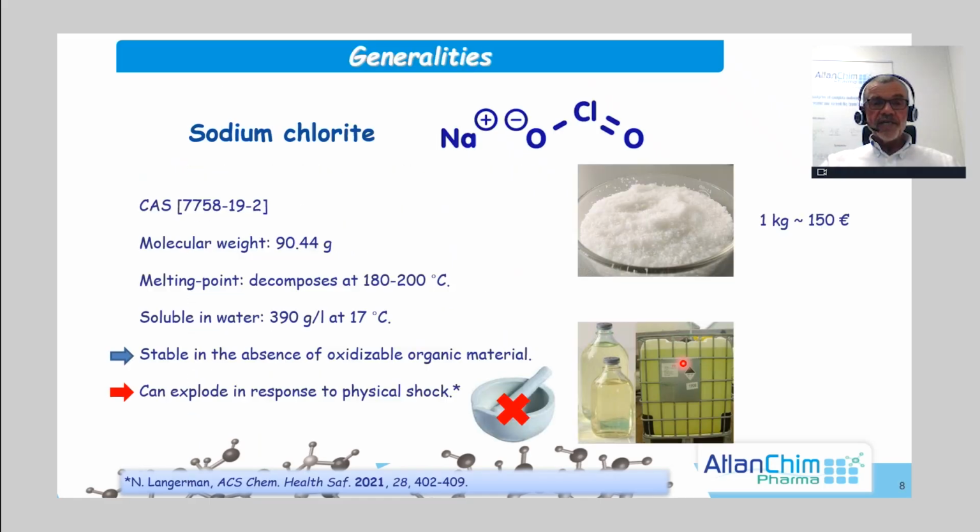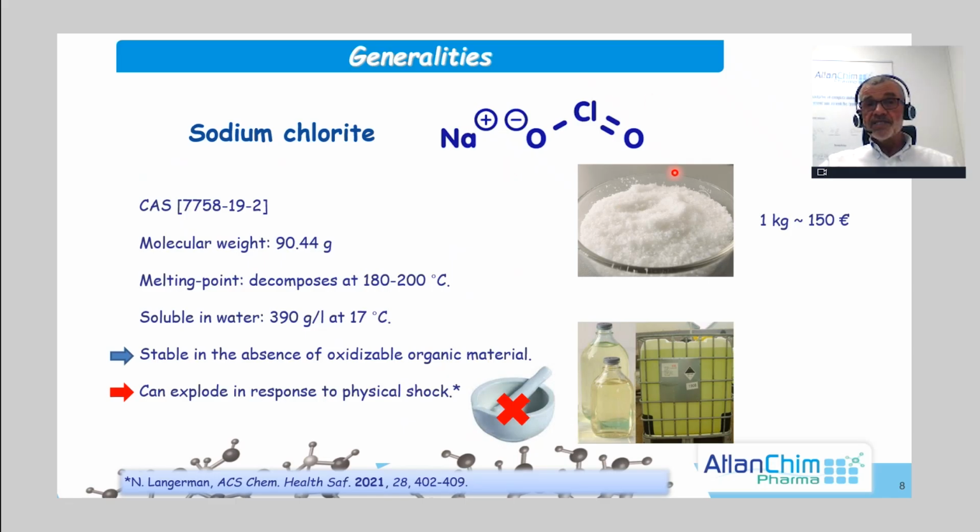Sodium chlorite is a highly effective bleaching agent and oxidizing disinfectant widely used for bleaching textiles and paper. It is also used to bleach sugar, fat, and wax. Sodium chlorite has found a number of other applications, which we will look at in this webinar.